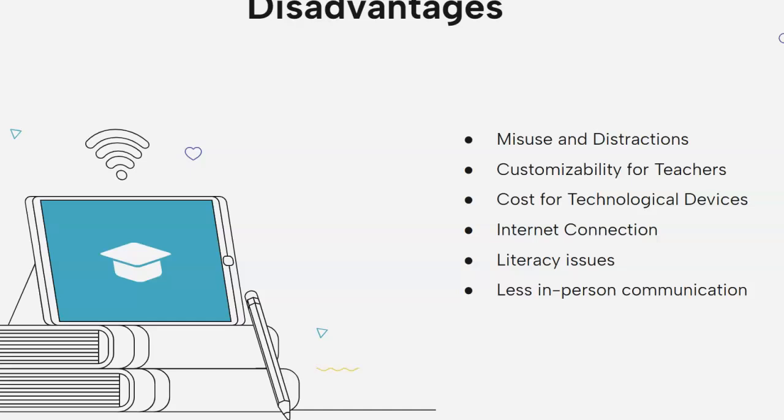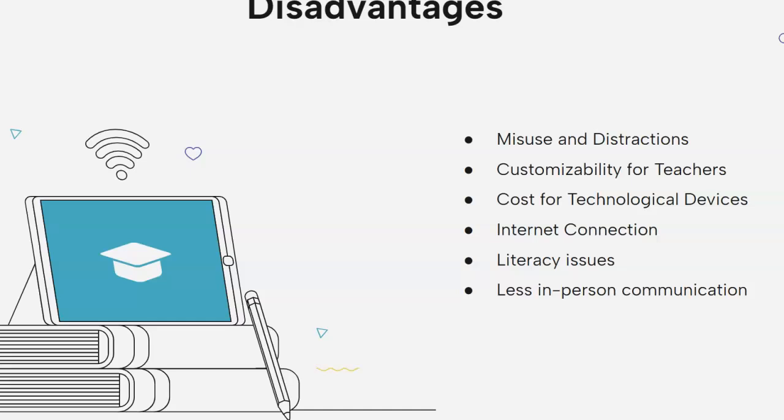It's hard for lower economic schools to be able to fund Chromebooks or tablets, whatever the device is, for all students. Internet connection can also be difficult. There's always technological issues that are bound to happen, and teachers or other faculty just need to find ways to go around those or go over those hurdles.